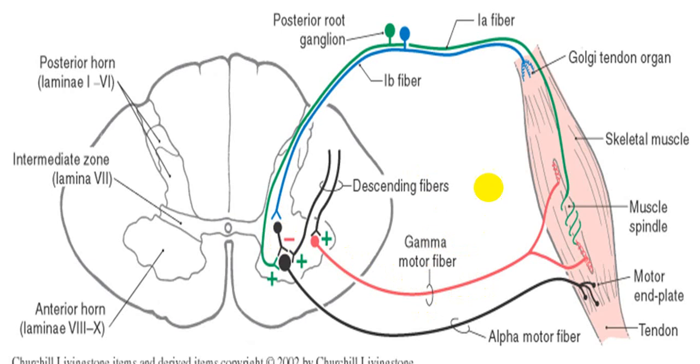The gamma motor neuron takes part in maintenance of tone, while alpha motor neuron takes part in reflex arc. And these are called Golgi tendon organs, as well as the fiber from muscle spindle will take part in reflex arc. And there will be two types of descending fibers which helps in maintenance of tone in muscle.